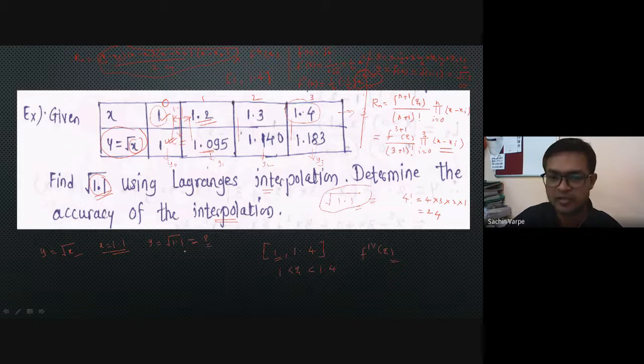Negative power means an inverted graph like this, and that will be maximum at the beginning point, the starting point, which is 1 here. That is why we evaluate the 4th order derivative of the function at 1. Whatever that value is, we'll substitute into the calculations here, and that will be our required remainder term. That's it. Is this clear now, Sania?